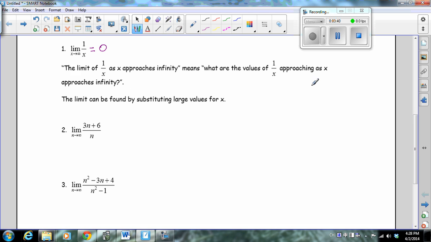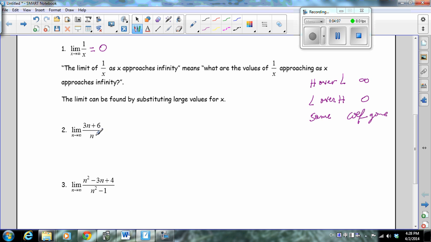The only key is that when it's high over low, you will say infinity, which can be positive or negative, so it depends on the sign. You will know when it's positive and when it's negative. Low over high, we will get 0, and when they're the same, it will be the coefficient game.